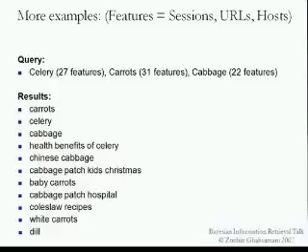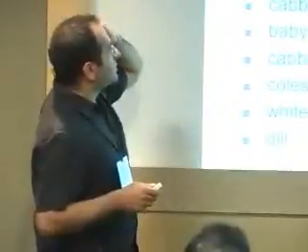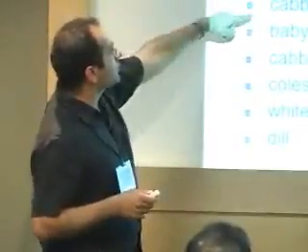Here are some more examples. Celery, carrots, and cabbage, a set of 3 queries, and you get other interesting things, not all of which are related. So Cabbage Patch Kids Christmas, but I'll talk about that in a minute.